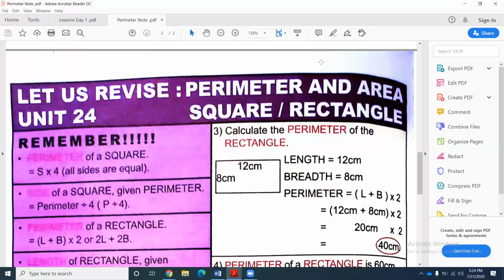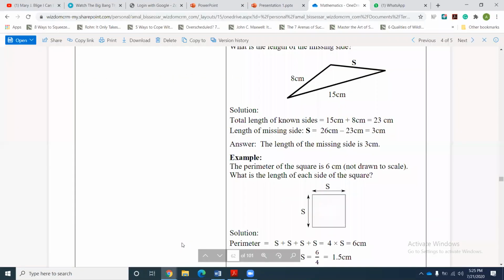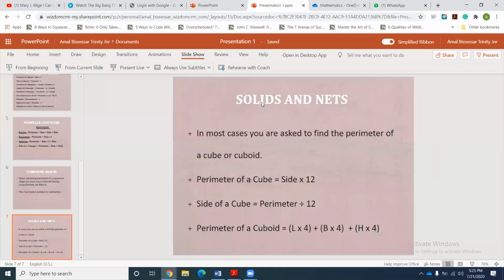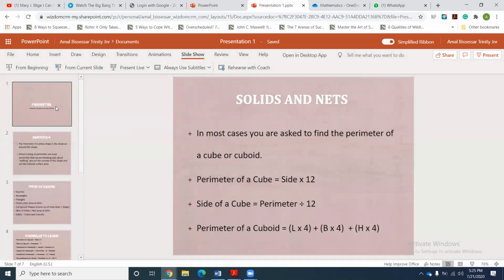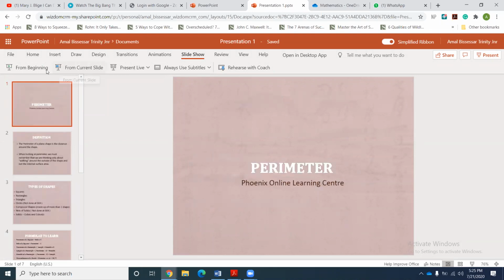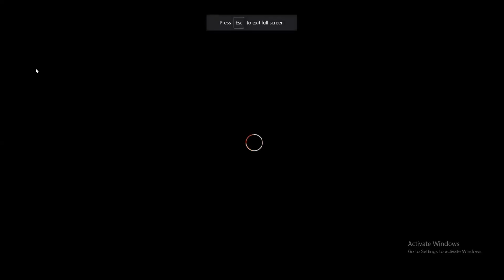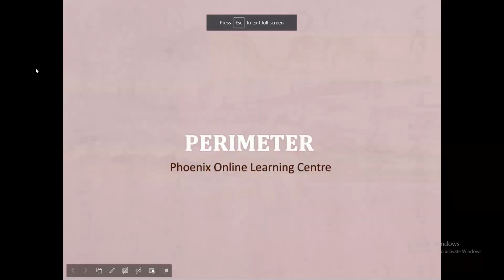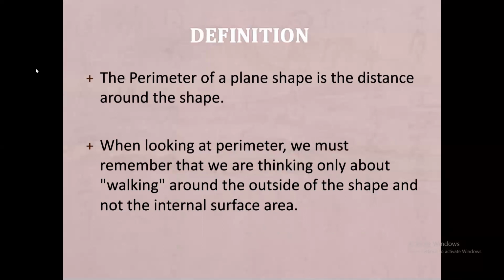So what I have covered, I am going to pause on. I will come to solids in a different presentation. But what I have covered, let's make sure that everyone would have covered everything here. First key concept, perimeter means walking around.